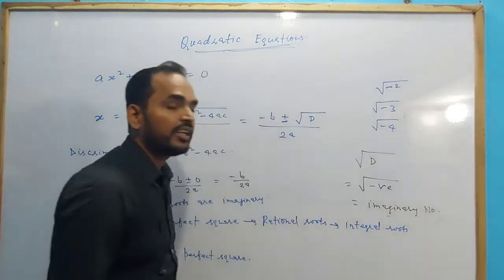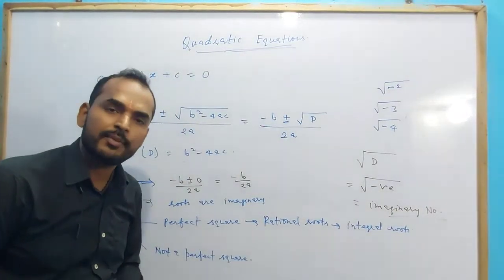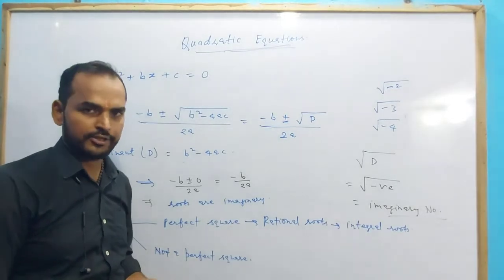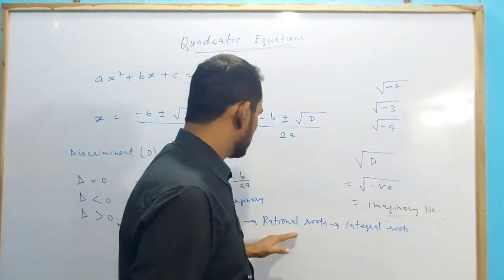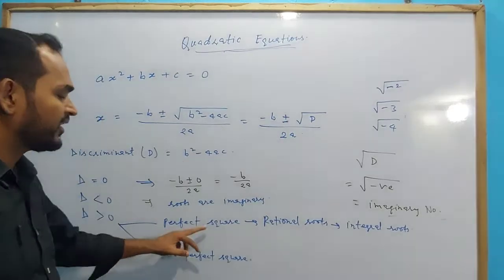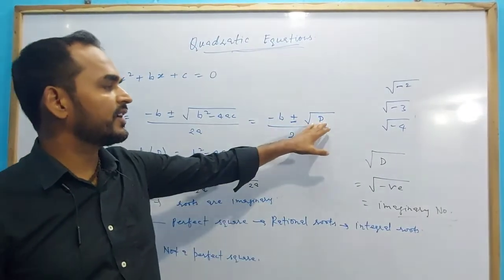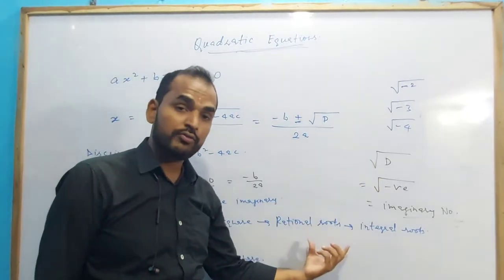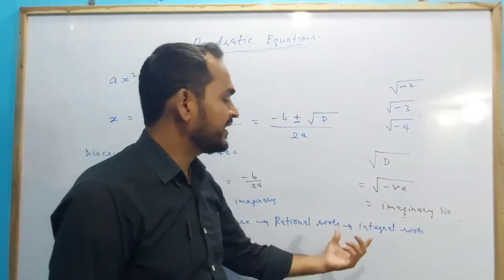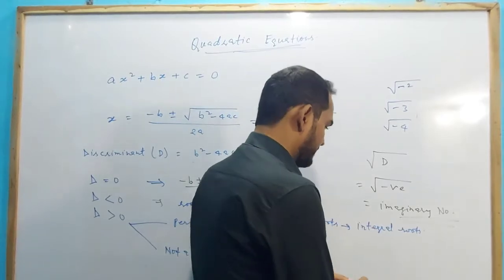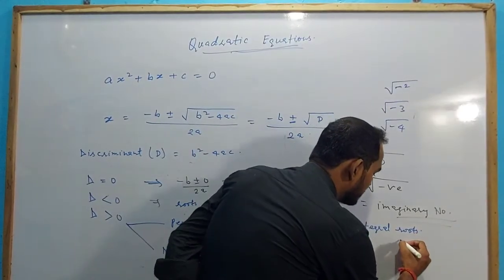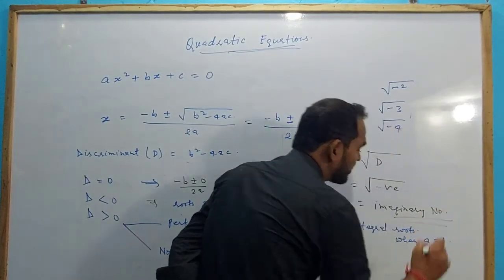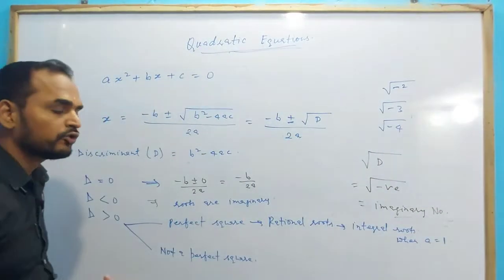It means they will not be in fraction or decimal; they will be like 2, 3, minus 2, 4, like this. So you have understood that if D is a perfect square, then root D becomes something, rational roots will be there, and integral roots will come when a, the coefficient of x square, is equal to 1.